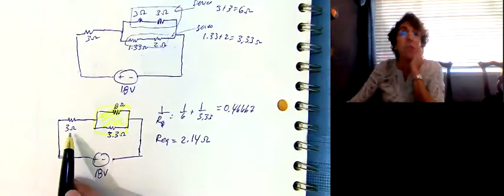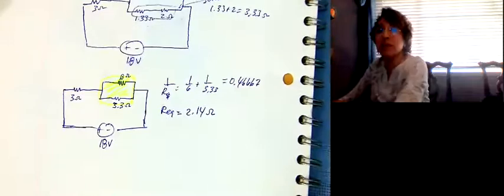So this parallel combination, 2.14, is hopefully seen to be in series with this 3 ohms. So I'm going to redraw that so that you can see it. I have this 3 ohms now in series with this 2.14 ohms, and that's connected to my 18-volt battery.